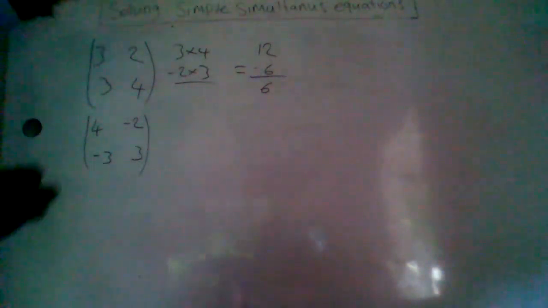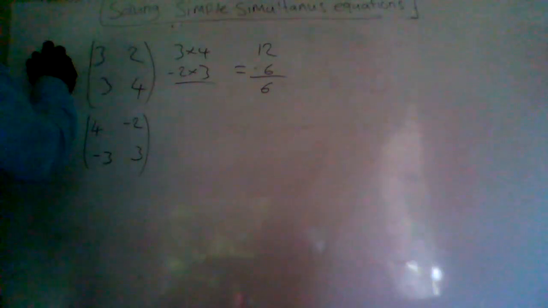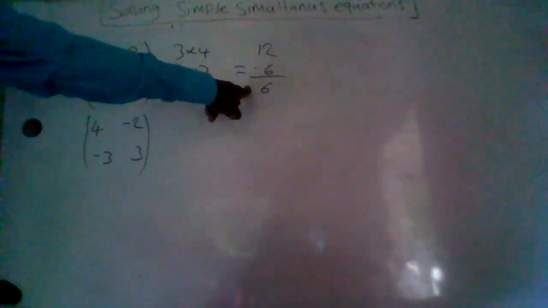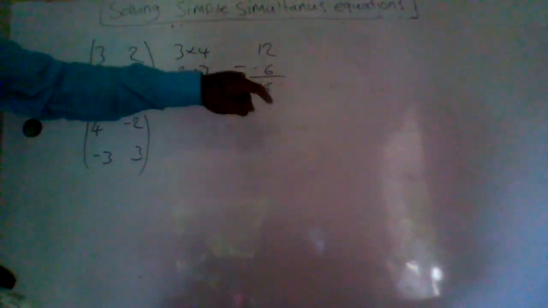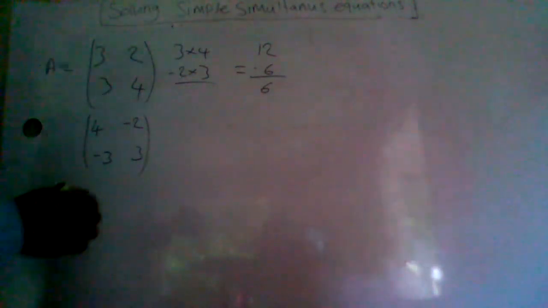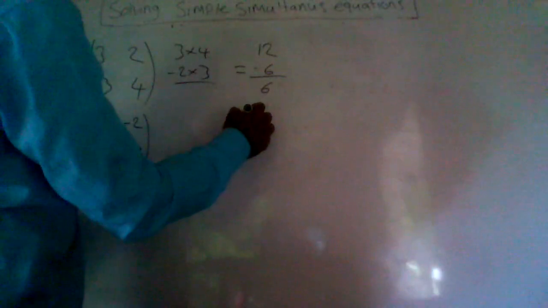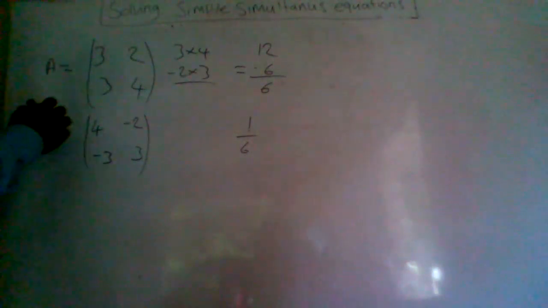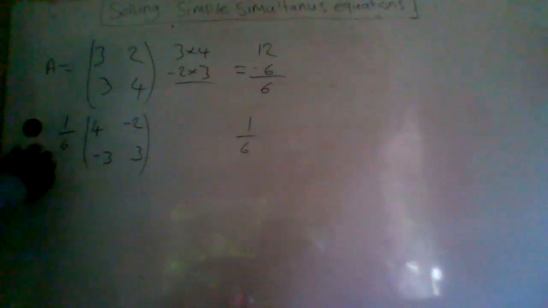We want to find the inverse of this matrix, inverse of A. So we'll multiply by a scale factor of the inverse of the determinant. So the inverse of the determinant will be 1 over 6, 1 divided by 6. So we'll multiply this by 1 divided by 6.